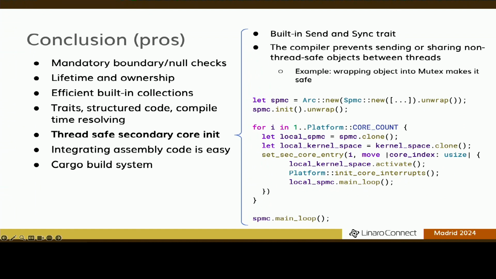If we would simply pass this to this new context, then we would move the ownership and we couldn't access it anymore from the primary core. So Rust offers this atomic reference counting pointer instead, and by using this, we can thread safely share the same object with the secondary cores.